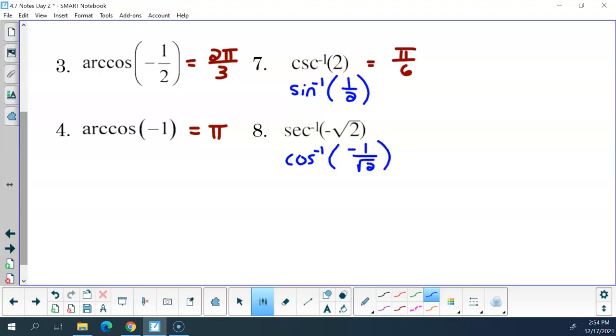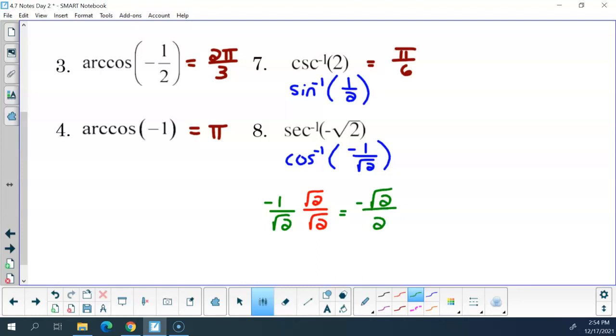Because I got to reciprocate it. Well, that's not on the unit circle. So let's get it on the unit circle. Let's go -1 over the square root of 2 times the square root of 2 over the square root of 2, and that gets me negative square root of 2 over 2.